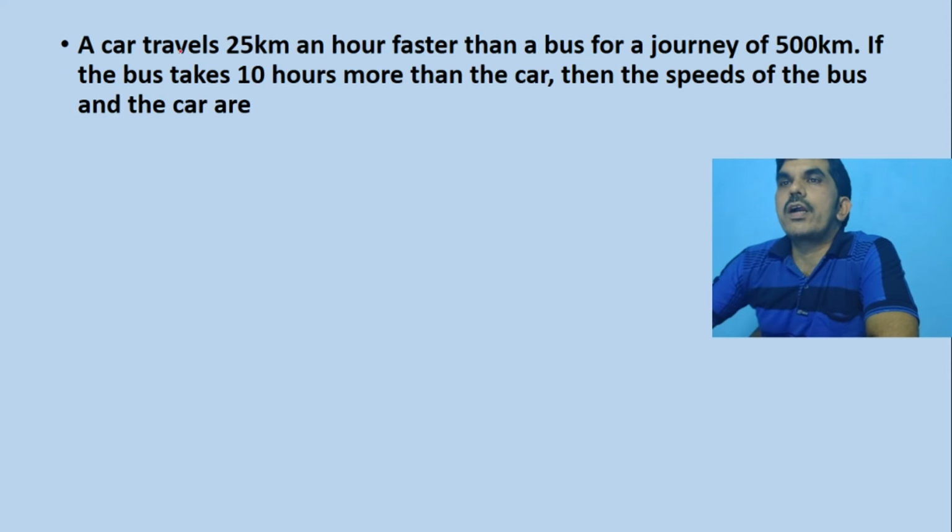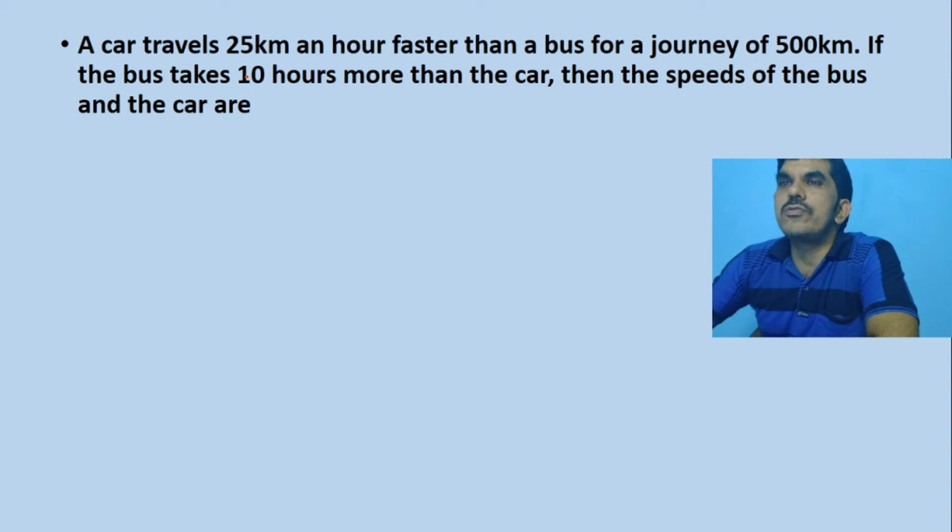Now, a car travels 25 km an hour faster than a bus for a journey of 500 km. If the bus takes 10 hours more than that of the car, then the speeds of the bus and car are.